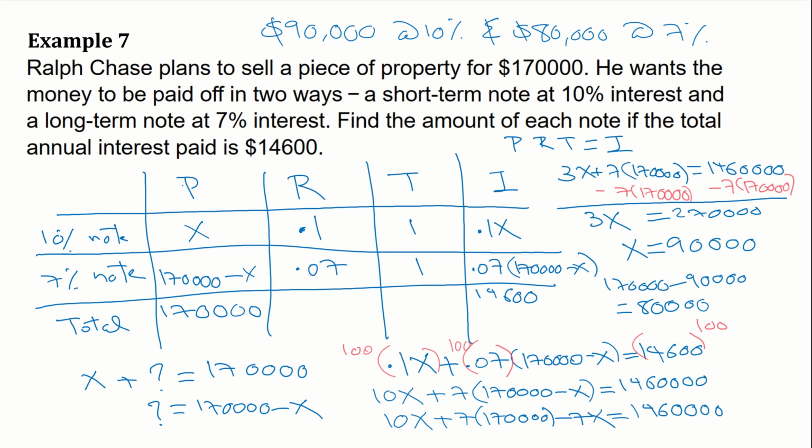The possibilities are endless. So make sure that you know how to handle these very useful types of problems, and then we'll look at a couple of other problems before we wrap it up for today.